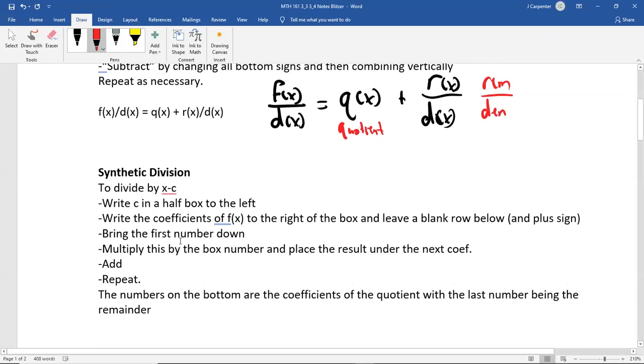So synthetic division is not for any f of x divided by any denominator. This is only for a function divided by x plus or minus a number. That's the only way this works. It can be x plus a number or it can be x minus a number.